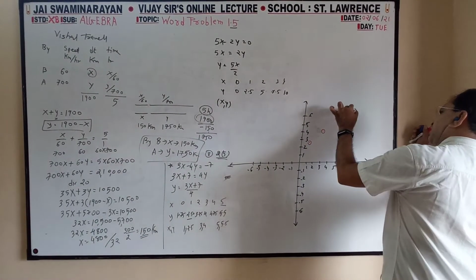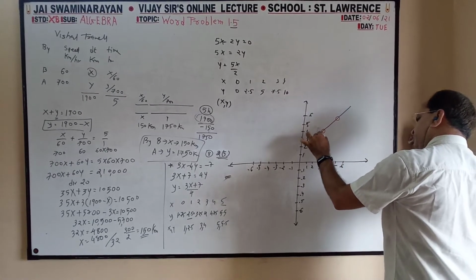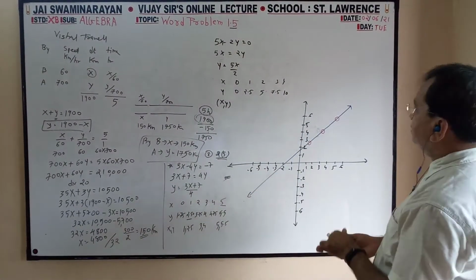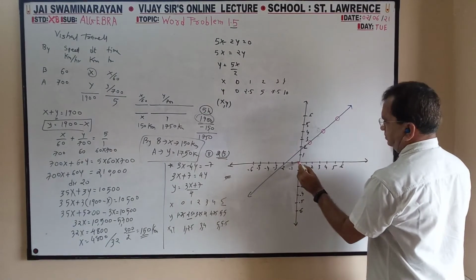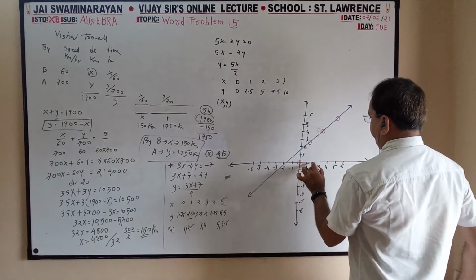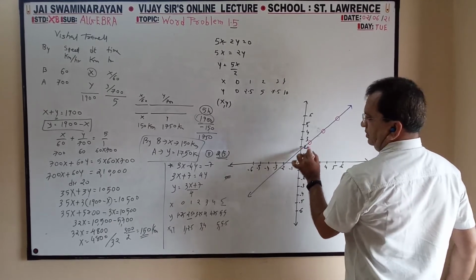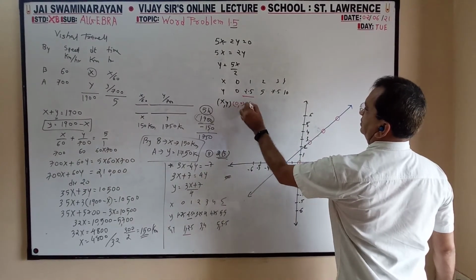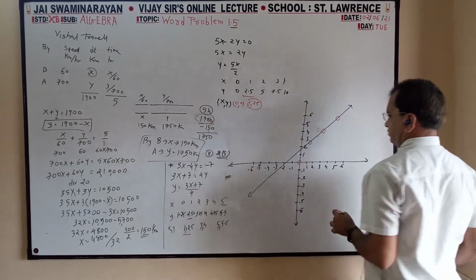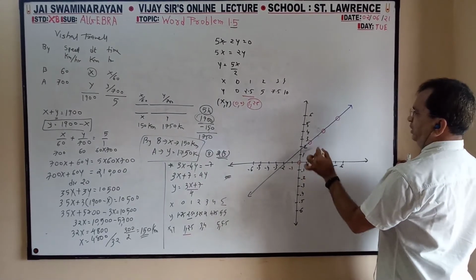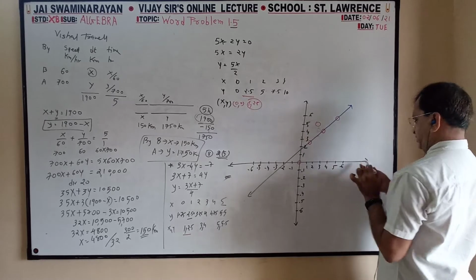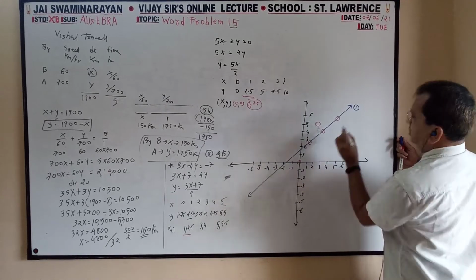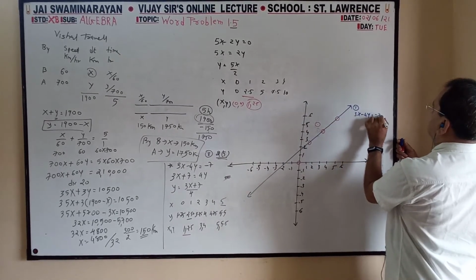I am not using the graph paper, but I am trying to show you the best way. Next, 0, 0. Then 1, 2.5. Here also 1, 2.5, so that is the answer. Simple. Next, 2 and 5. So this is line number 1, that is 3x minus 4y is equal to minus 7.